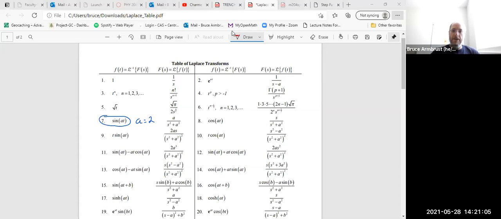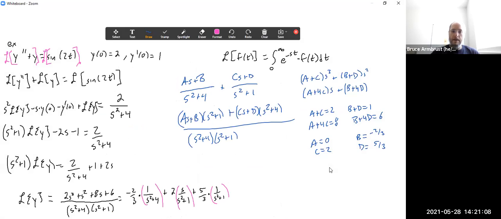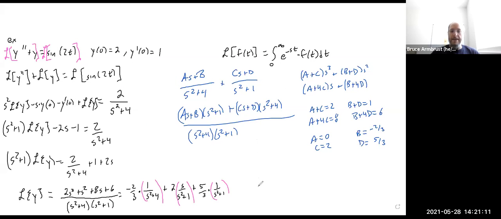All right, so if we go back, now I'm ready to tell you what y is. I'm going to start here at the end. I've got 5/3 times 1 over s squared plus 1, that was a over s squared plus a squared, the sine of 1t. The next one, the 2, goes there: s over s squared plus 1, that was the cosine of 1t.